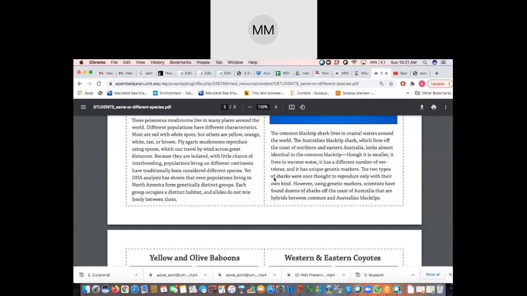Okay. The two types of sharks were once thought to reproduce only with their own kind. However, using genetic markers, scientists have found dozens of sharks off the coast of Australia that are hybrids between common and Australian blacktips.